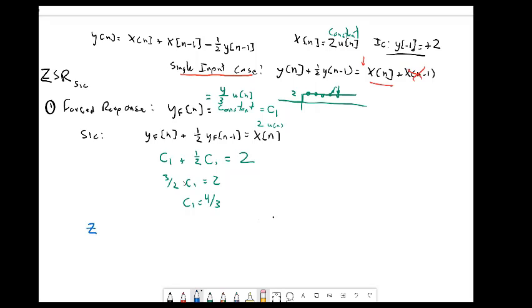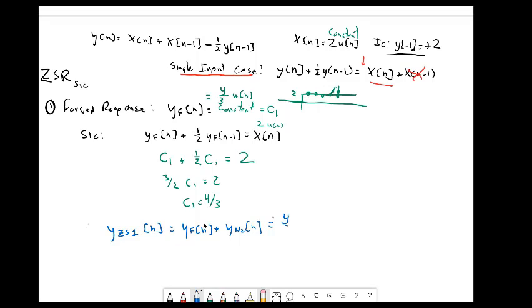And let me use a shorthand instead of this long ZSR SIC thing. Let's call this the zero state response y ZS, and I'll use a 1 to remind me this is for the single input case. It has two components: the forced response piece, and another natural response shape piece. I know what this one is, I've already just found it.